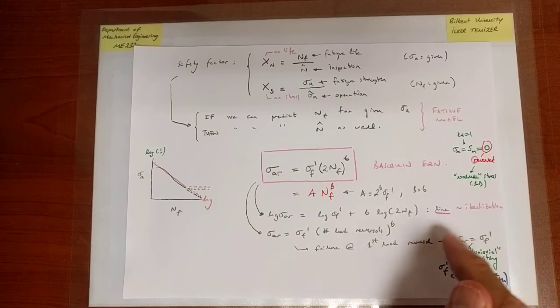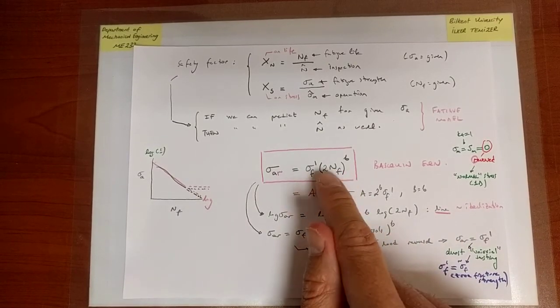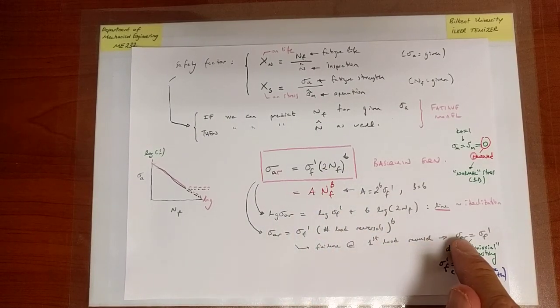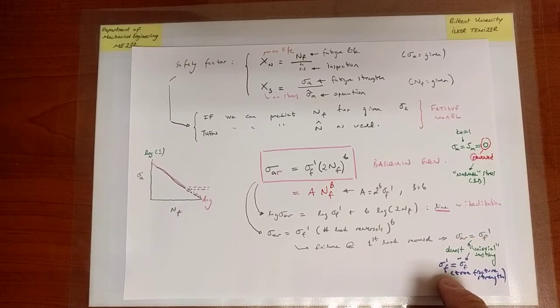Now, the fact that this type of an argument even works, in other words, I put N_f equals 1/2 or 2N_f equals 1, one load reversal, and then I find that sigma_aR has to be related to some sort of strength, is indicative of the fact that, although the Basquin equation is not meant for very, very low cycle fatigue, it is still perhaps representative of what might happen at low cycle fatigue.